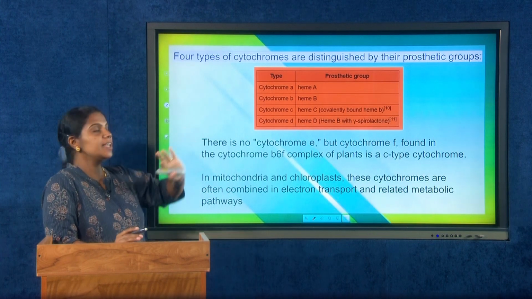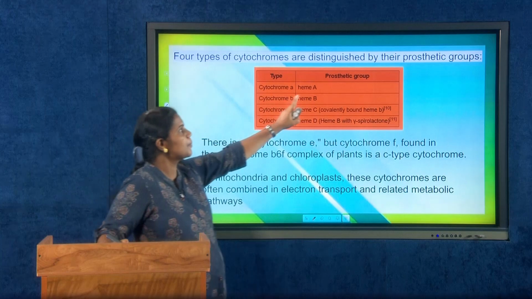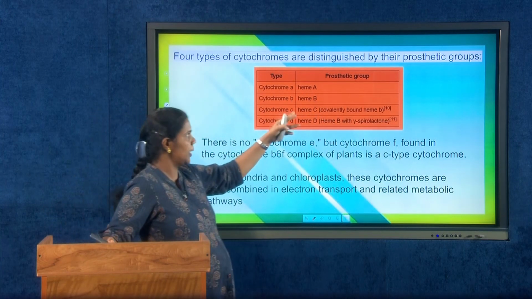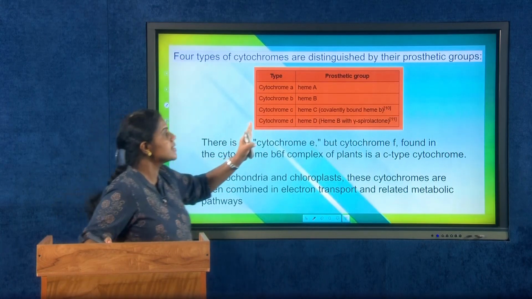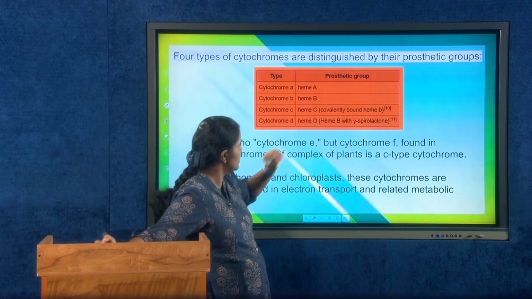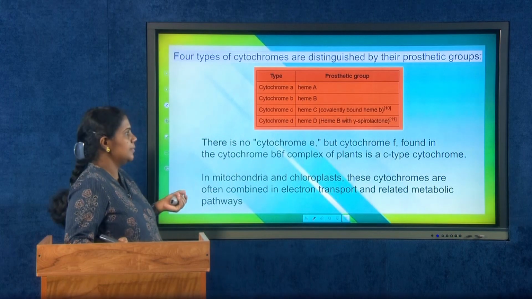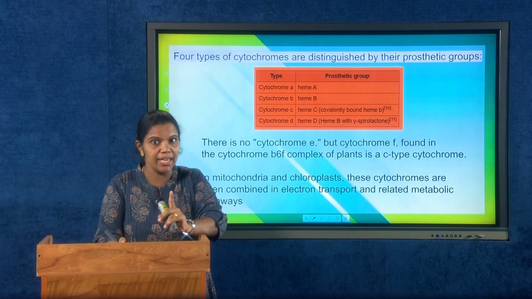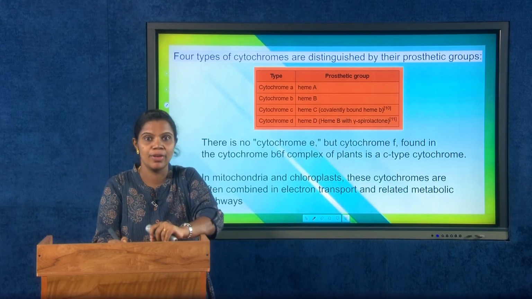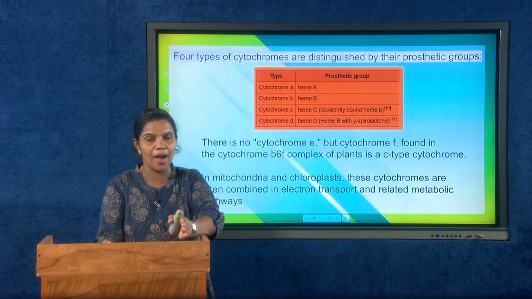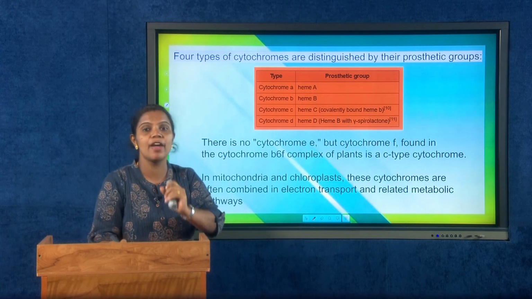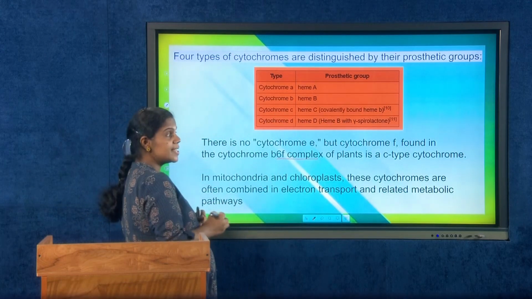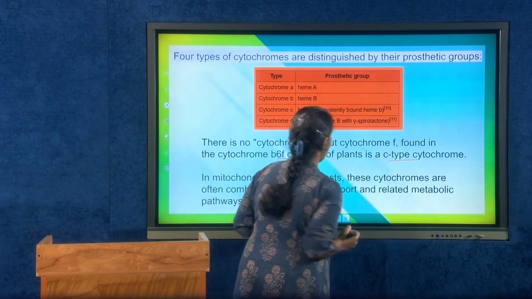We have already seen that cytochrome A will contain the prosthetic group heme A, cytochrome B will contain the prosthetic group heme B, cytochrome C will contain heme C, and D contains heme D. There is no known cytochrome E, but we have cytochrome F, which is found in the cytochrome B6F complex in plants, and it is a C-type cytochrome.